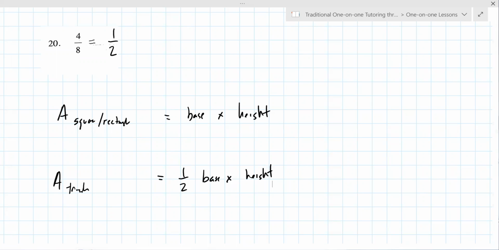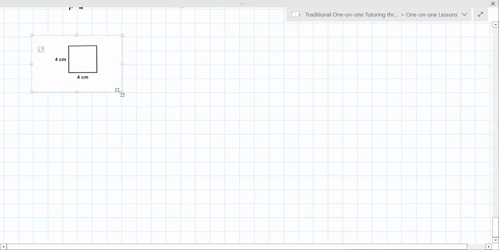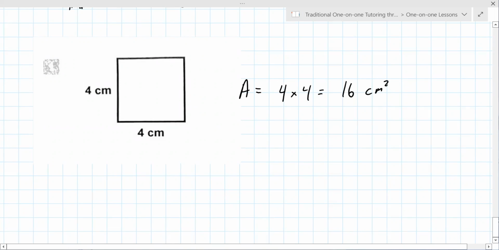Exactly. So to answer your question, for the first one, the area is base times height, 4 times 4. But there's a little added answer here. It's 4 times 4, which is 16, but you need your units: 16 centimeters squared, or squared centimeters.